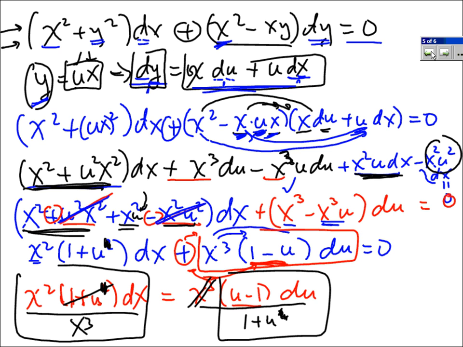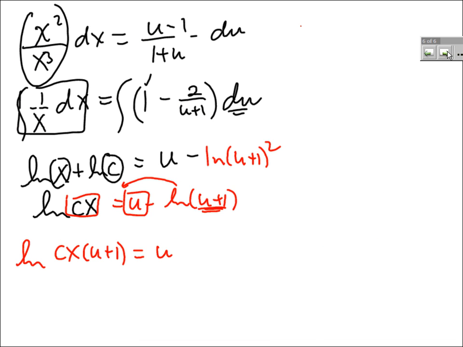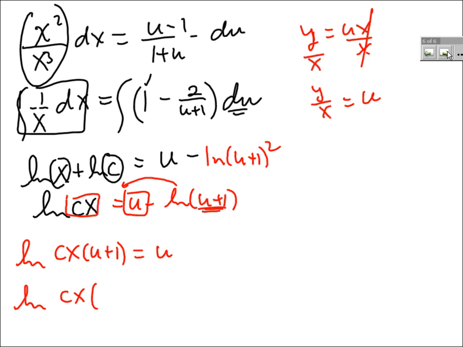And you notice, remember, I said the y is ux. So if y is ux, dividing both sides by x, I come to learn that y over x is u. Alright? So ln of c times x times y, u, which is y over x plus 1.